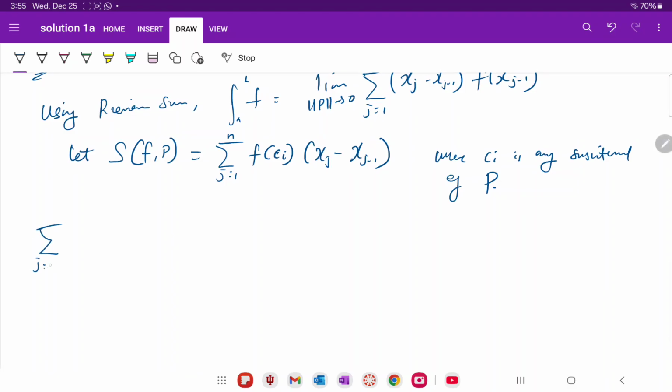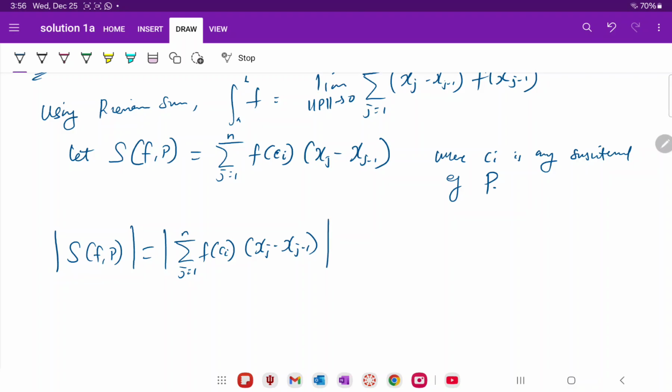So by the properties of absolute value, we take the modulus of S(f, P), that is equal to the modulus of the summation j equals 1 to n of f of ci times (sj minus sj minus 1), and that will be less than or equal to the summation j equals 1 to n of the modulus of f of ci times (sj minus sj minus 1), right?